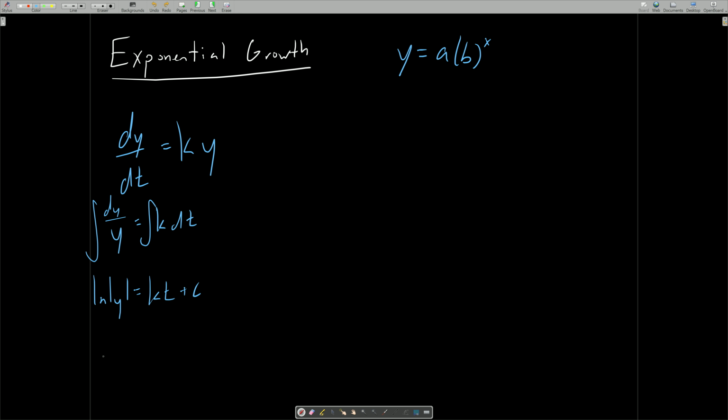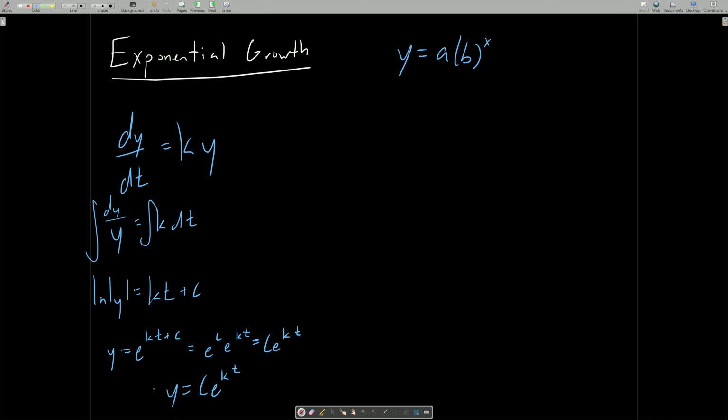We're going to use e on both sides to get rid of the ln. Now we can just use our exponential properties to get ce to the kt. So y equals ce to the kt.